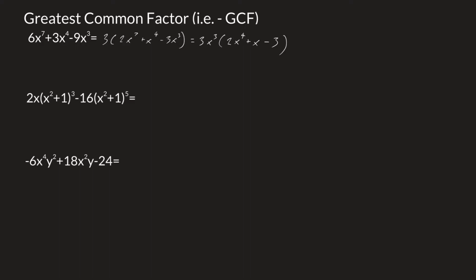So let me just do that. X squared plus 1, I'm factoring that out, and I'm factoring out 3 of those from each term. So I put a cube up there, and then what I'm left with is, okay, the first term is 2x, and then minus 16, and x squared plus 1, because we still have that left over, but now it's squared, right?